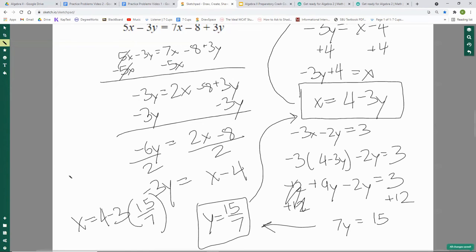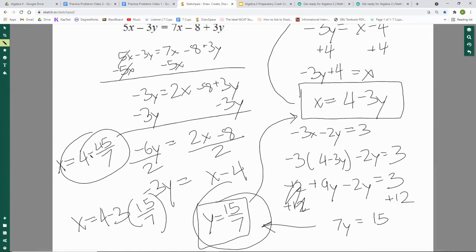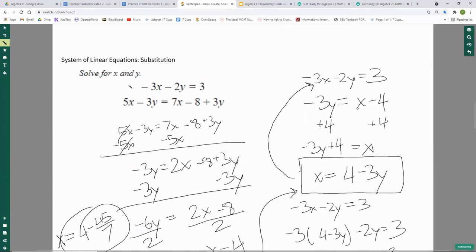The math's a bit messy in this problem, but we have x equals 4 minus 45 over 7. You can do mental math or use a calculator, but you can see that this number is going to form some kind of fraction or mixed number. And then we have our y and our x, and we've solved for x and y for this problem.